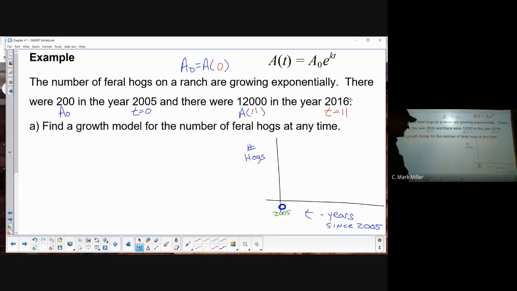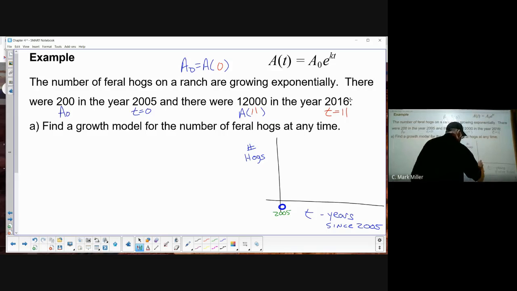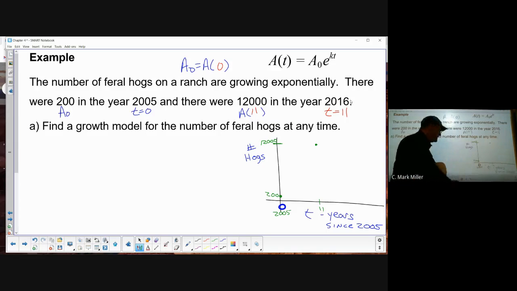So in year 0, we have 200 hogs. In year 11, there's 12,000. Oh my gosh, 12,000 hogs, right? So what does that say? That says your graph is growing like this.